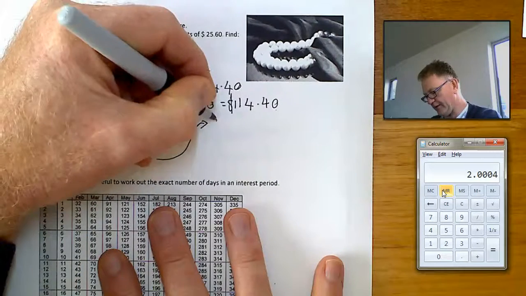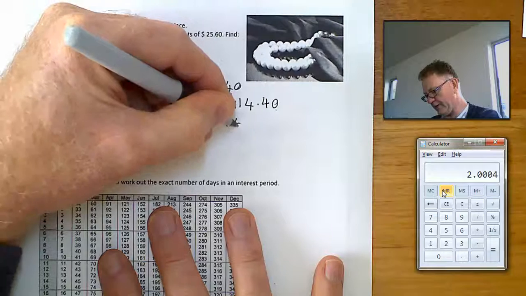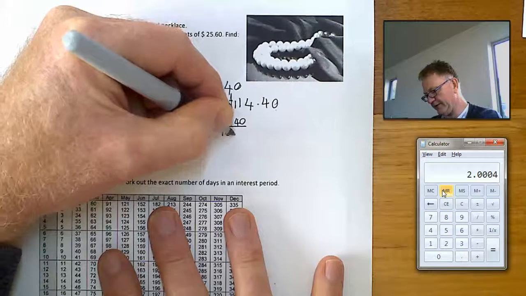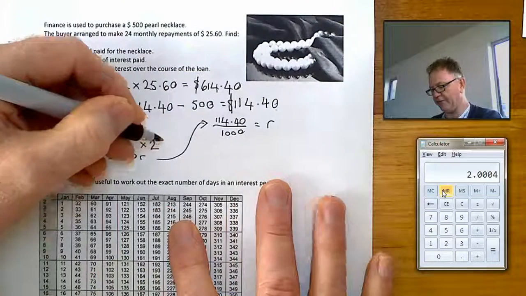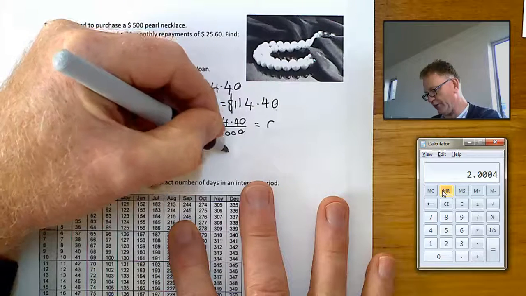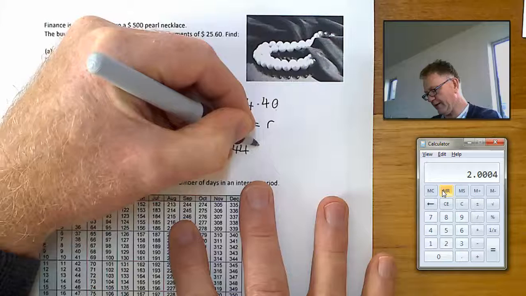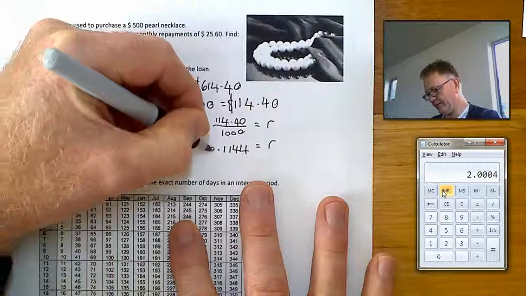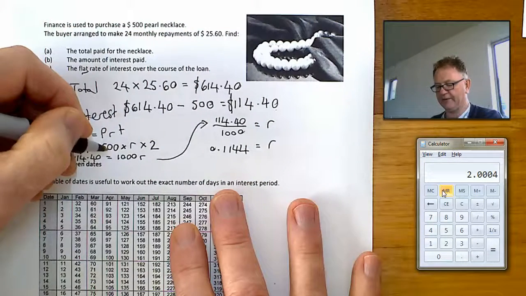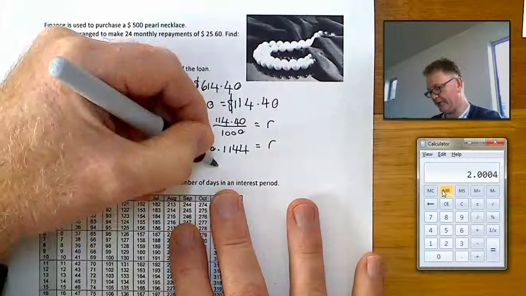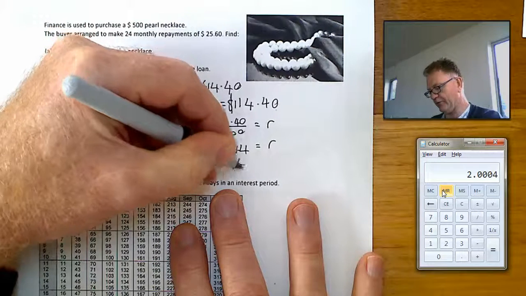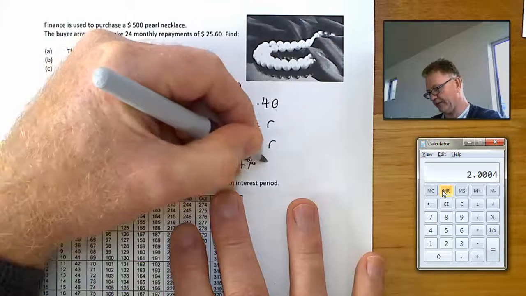That means 114.40 divided by 1,000 equals R. You can do this on your calculator if you wish. You get 0.1144 equals R. That's as a decimal. If you want your answer as a percentage, 11.44% equals R.